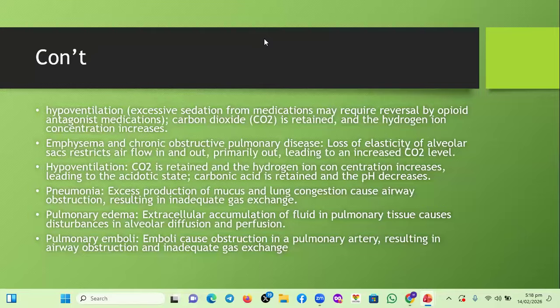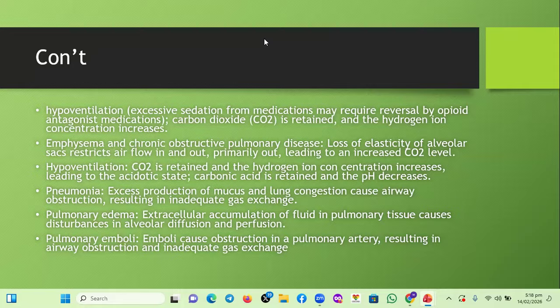Then we have hypoventilation. When you are not breathing adequately, when the breathing pattern is slow, that is what hypoventilation is. Your breathing pattern is slowed, and you retain more carbon dioxide.